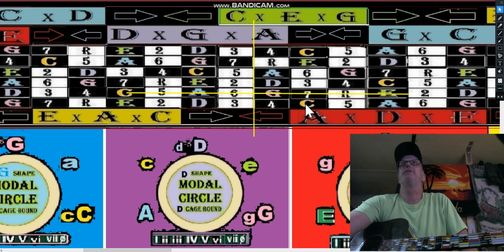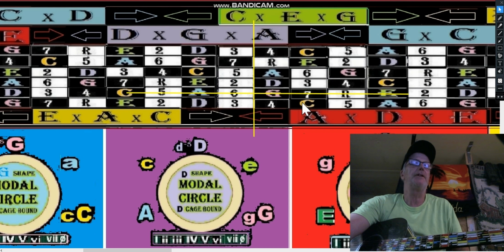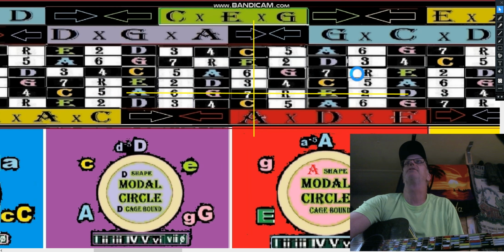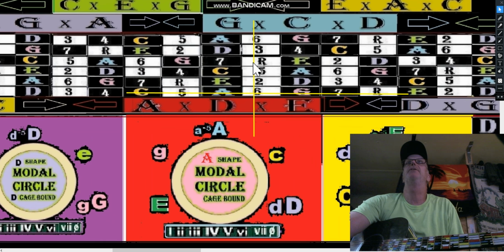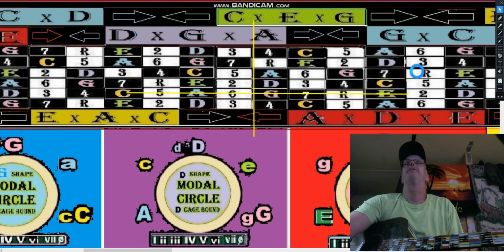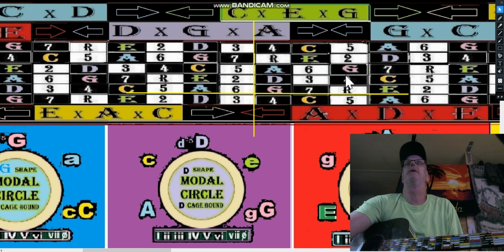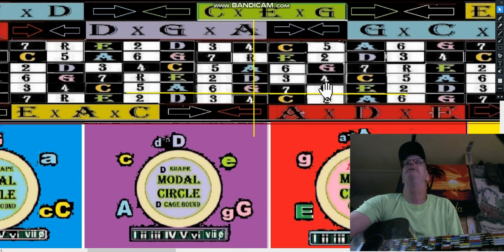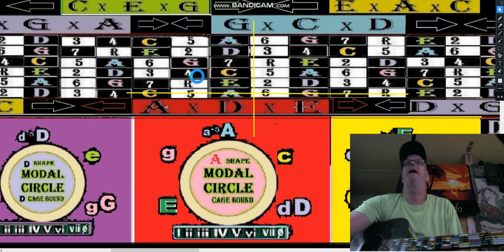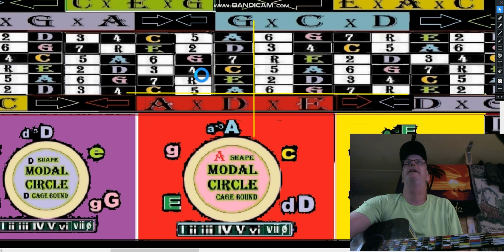So here's your C string shape, we've gone to the G string shape, but I want to show you going to the right on the keyboard is also the G string shape, and there it is. So this right here, this 6 7 root, I'll put it on top of the line, is the same as going to the right over to here.